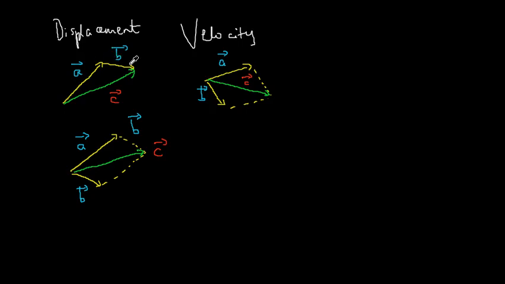These two sides A and B are the same as these two sides, meaning they have the same length and direction, so the angles here and here are equal, and therefore this angle is the same as this angle. So those two triangles are exactly congruent, and therefore this vector here and this vector here have exactly the same length.